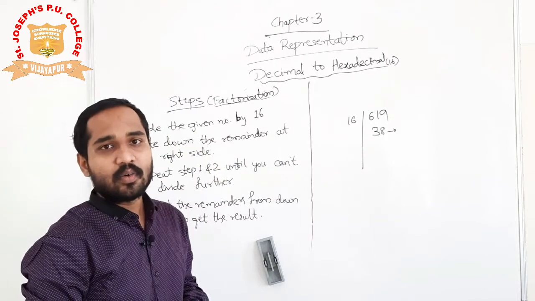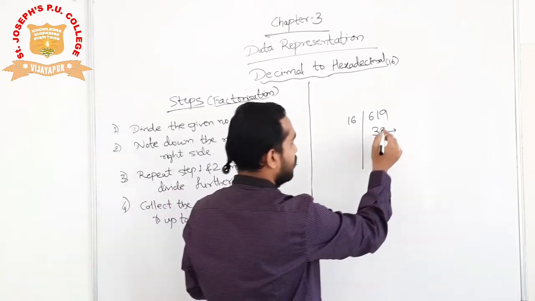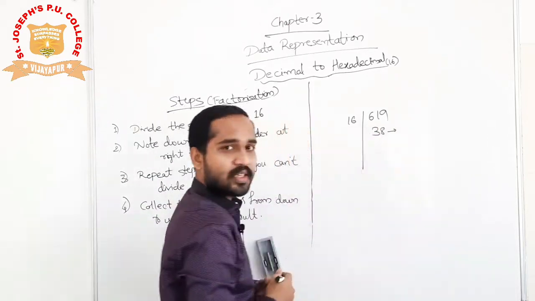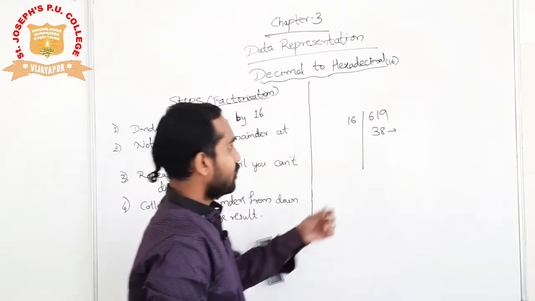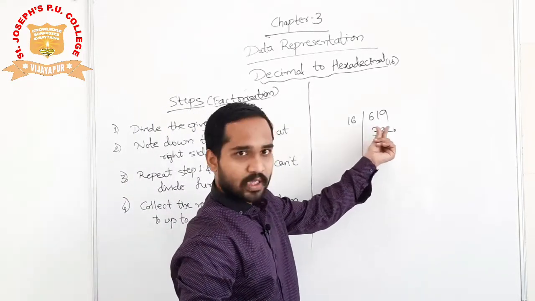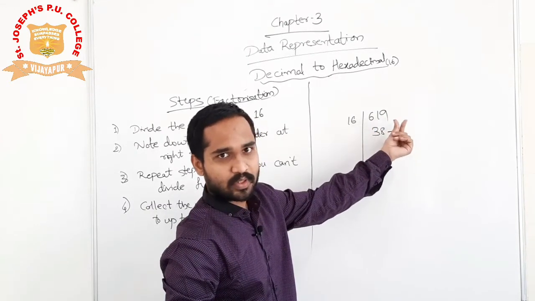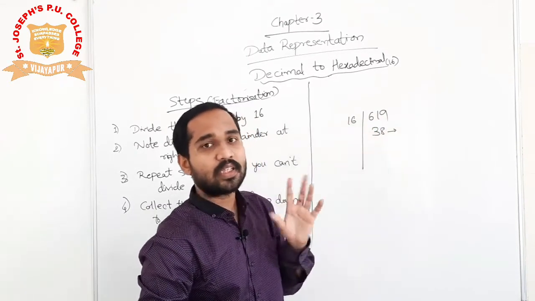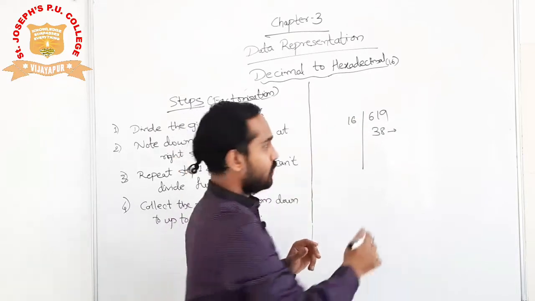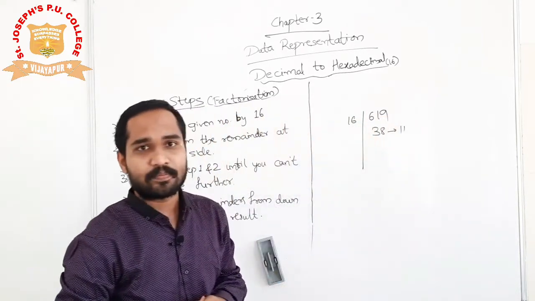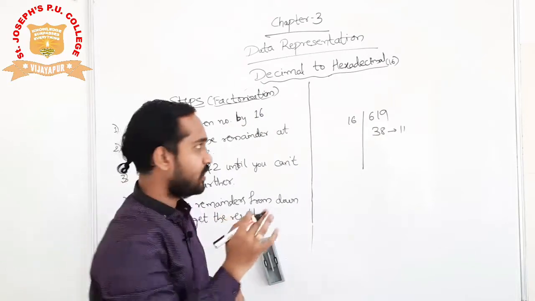Then how much remains? You have already taken 16 3s are 48. 13 was there, 139 was remaining. In 139, 128 gone, which means 11 is remaining. Please correctly do it.